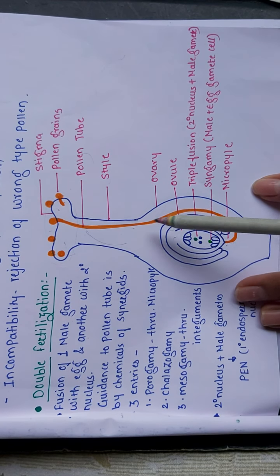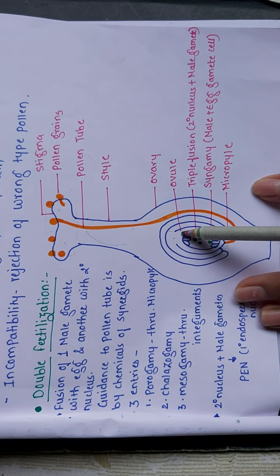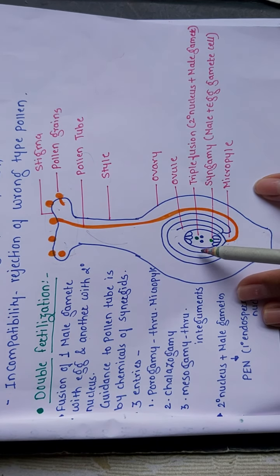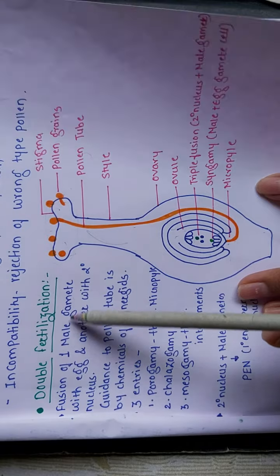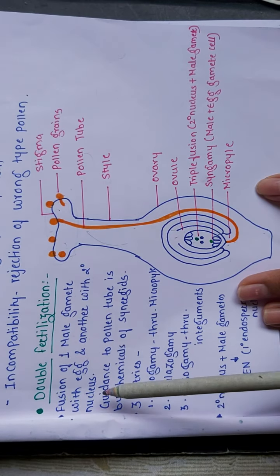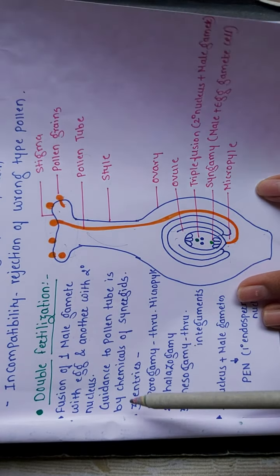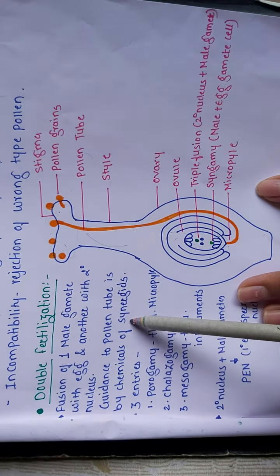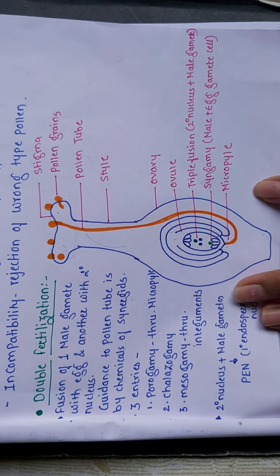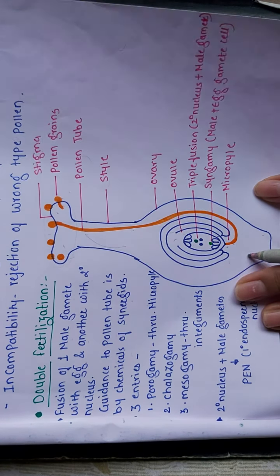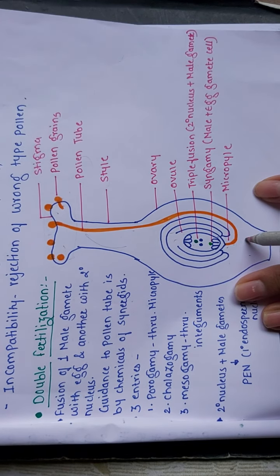And this complete structure you know, right? Now what is happening in double fertilization? Fusion of one male gamete with the egg and another with the secondary nucleus. Guidance to the pollen tube is by chemicals of the synergids. Now they have given three types of entries of this pollen tube to the embryo sac.